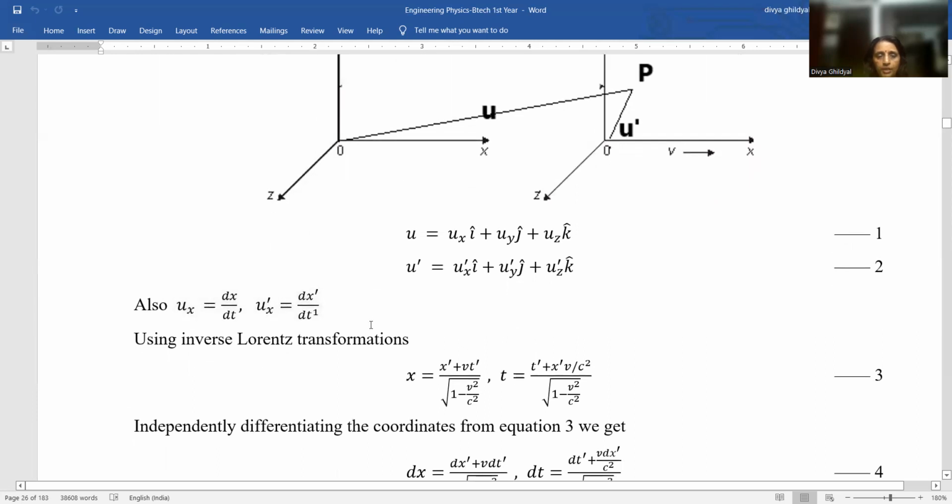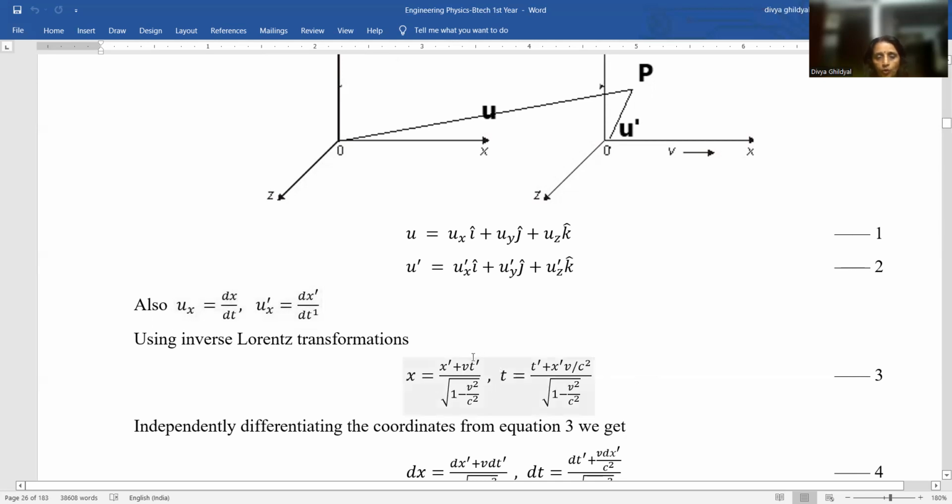Also, from our basic concepts of mechanics, we know that velocity is rate of change of displacement. That is, u is equal to dx by dt. So here ux becomes equal to dx by dt, ux dash becomes equal to dx dash by dt dash.